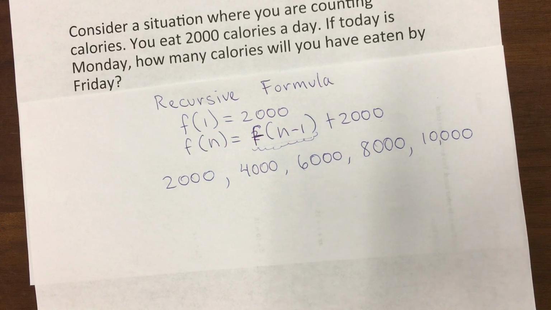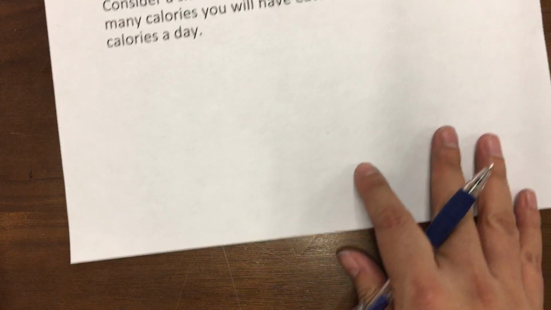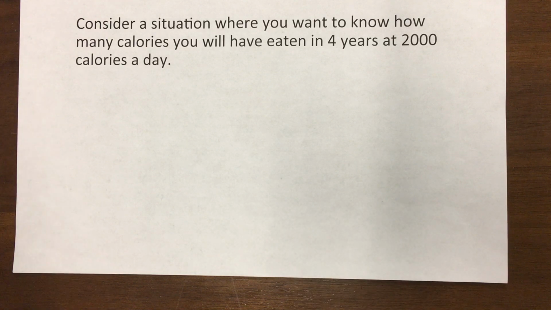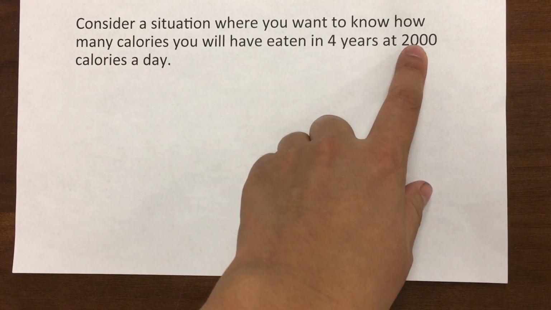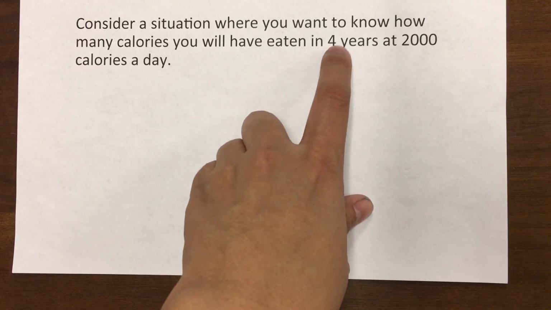Now consider this other situation. Consider a situation where you want to know how many calories you will have eaten in 4 years at 2,000 calories a day. So notice that they're telling you that you're ingesting 2,000 calories a day, but you want to know in 4 years.